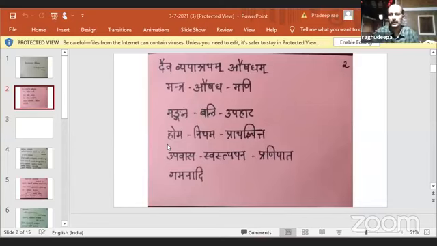Okay, so it is a group of three. The first group is mantra, aushadhi and mani, that is, a combination of chanting mantras of the Vedas. As you know, we have four Vedas: Rig Veda, Yajur Veda, Sama Veda, and Atharva Veda. Charaka Samhita says that the person studying Ayurveda is more connected to Atharva Veda.